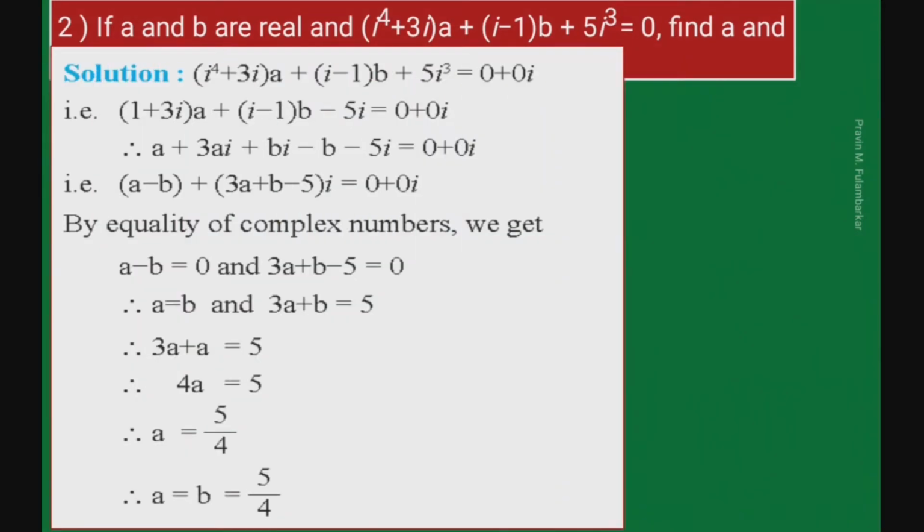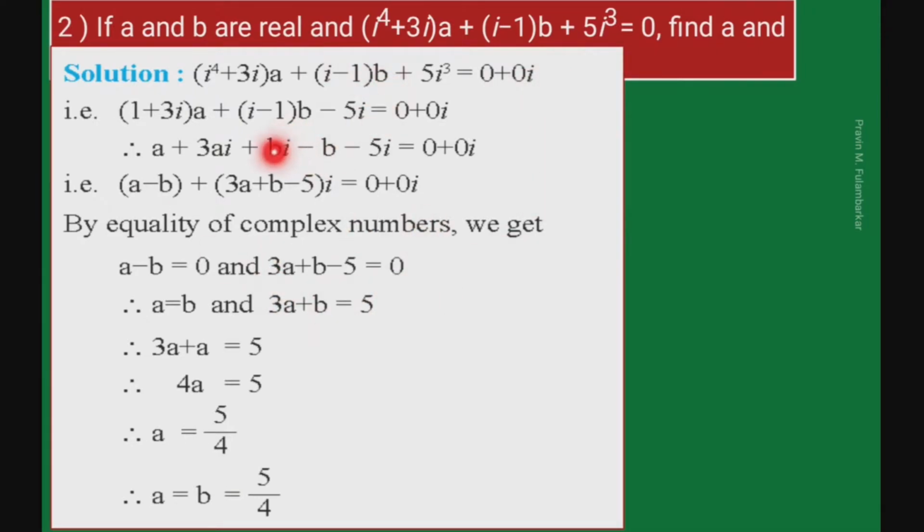So we write here in solution, (i^4 + 3i) a + (i - 1) b + 5i³ = 0 + 0i. So we write this RHS. Here in RHS is 0, so we write this 0 as 0 + 0i.